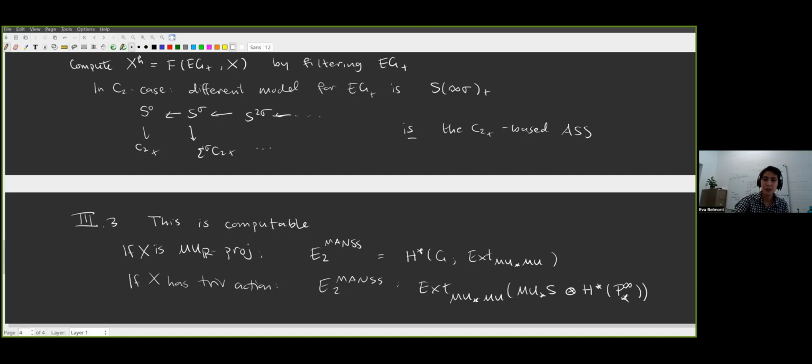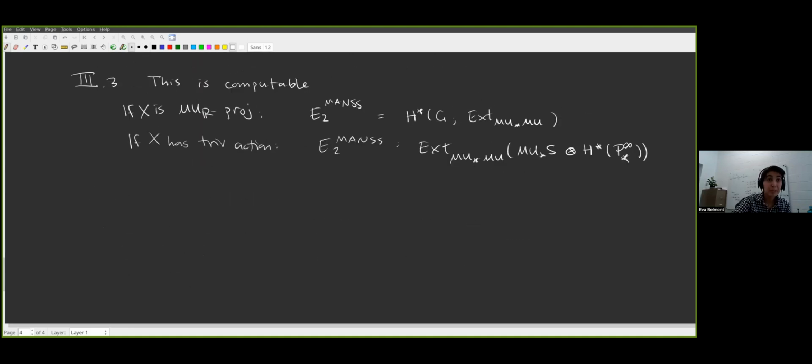If I'm doing this for the sphere, then I can just put it like that. And there are also comparison maps between the Mans, the homotopy fixed point spectral sequence, and the ordinary Adams-Novikov spectral sequence.